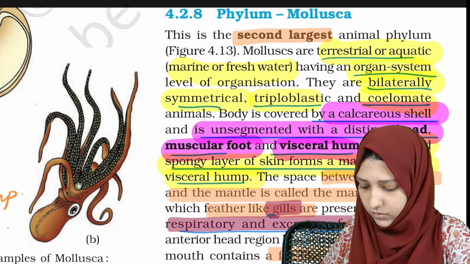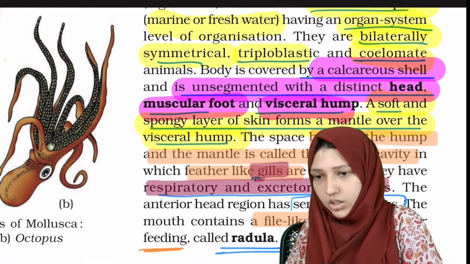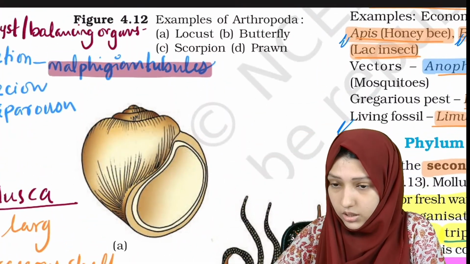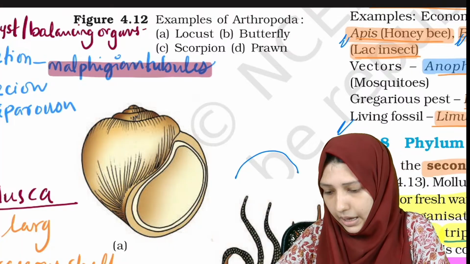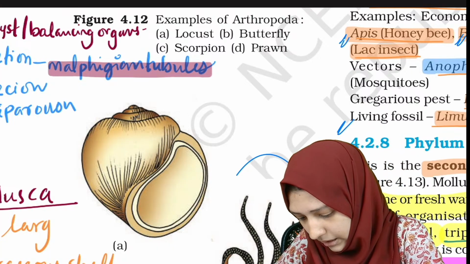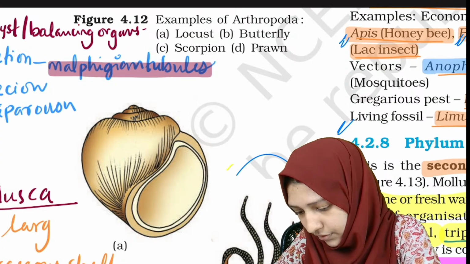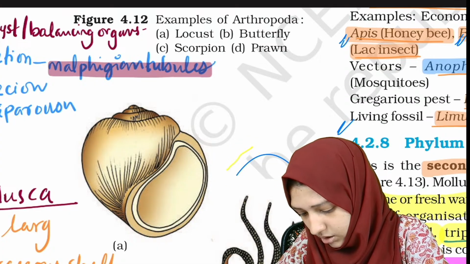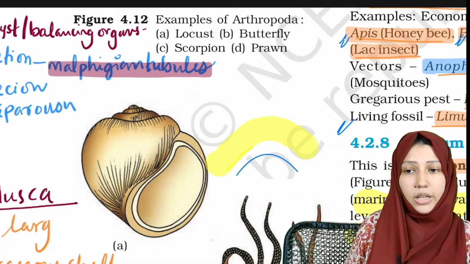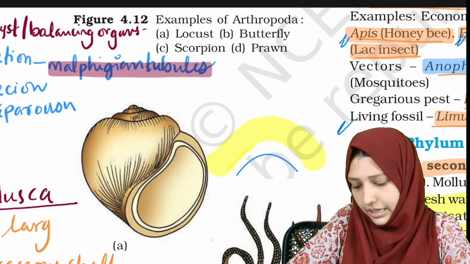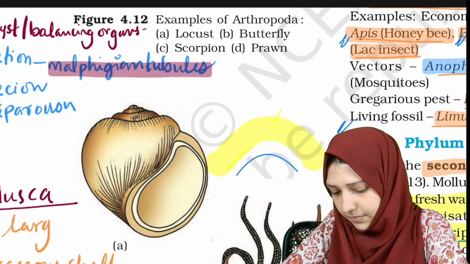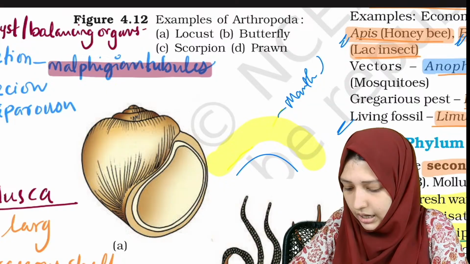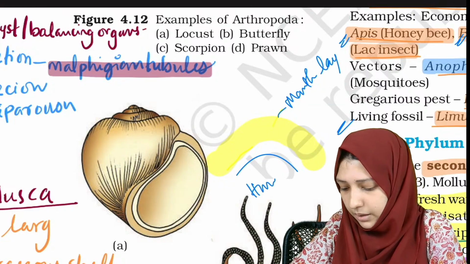And inside this mantle cavity, just see this. This is the hump, and above the hump there is a soft spongy layer which is known as mantle. Between the mantle layer and the hump there is a cavity, known as the mantle cavity.